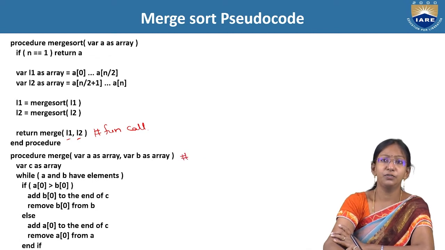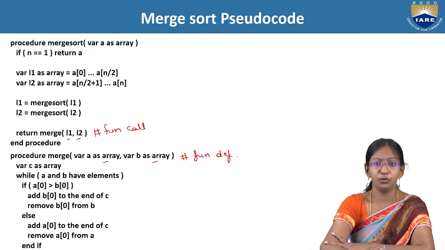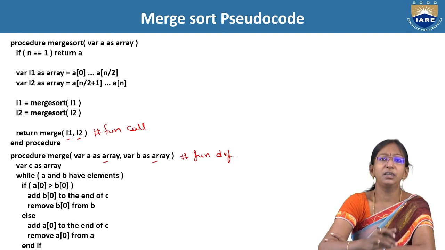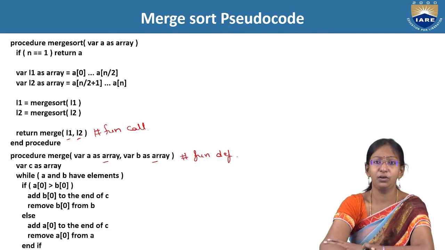Now have a look at this function definition. Here it is taking two lists, that is two arrays, as arguments, right? So actual arguments and formal arguments. What you have to do now is recursively check whether you have elements in A and B or not.